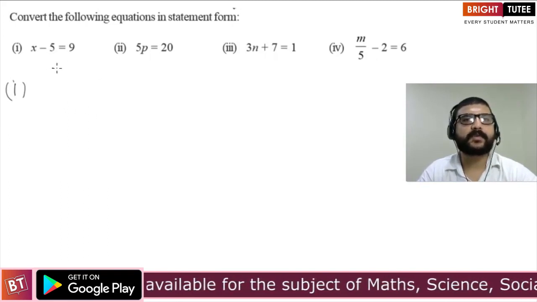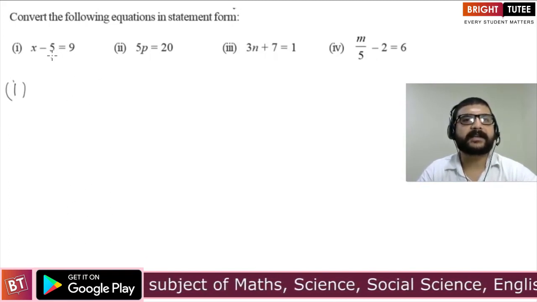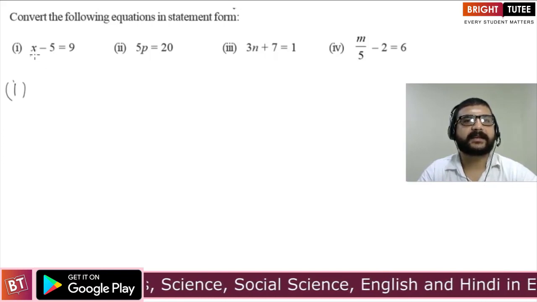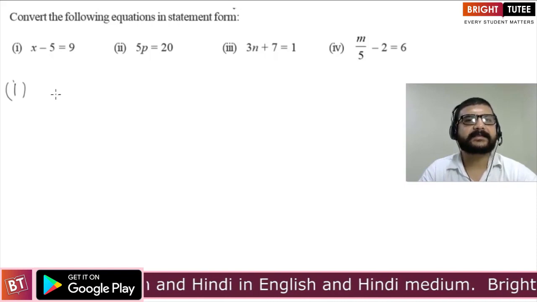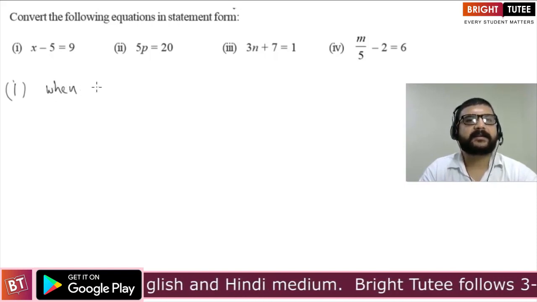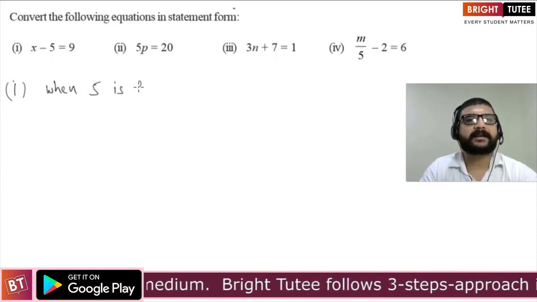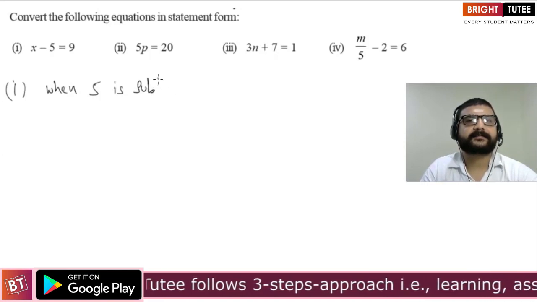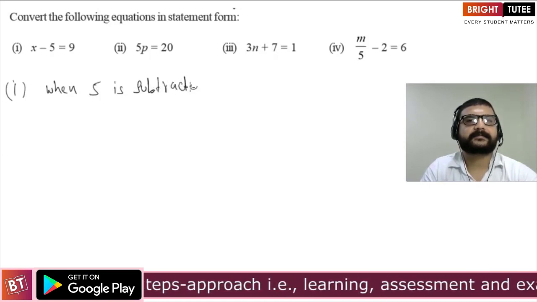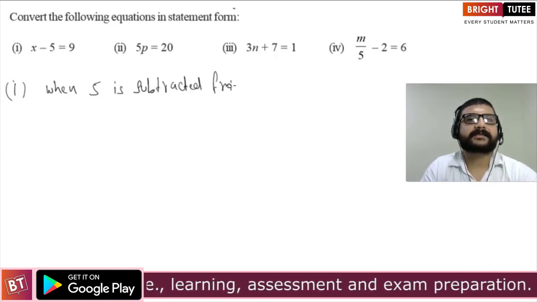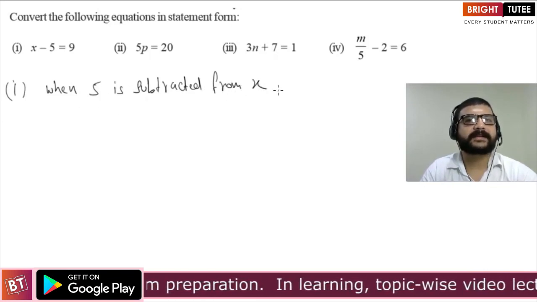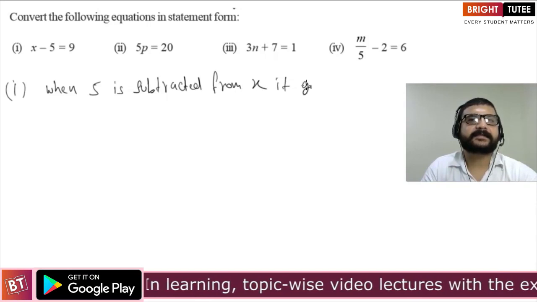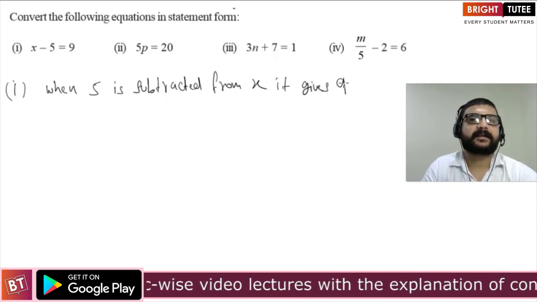What we are doing here, we are subtracting 5 from x and we are getting 9. So we can write it as, when 5 is subtracted from x, it gives 9.